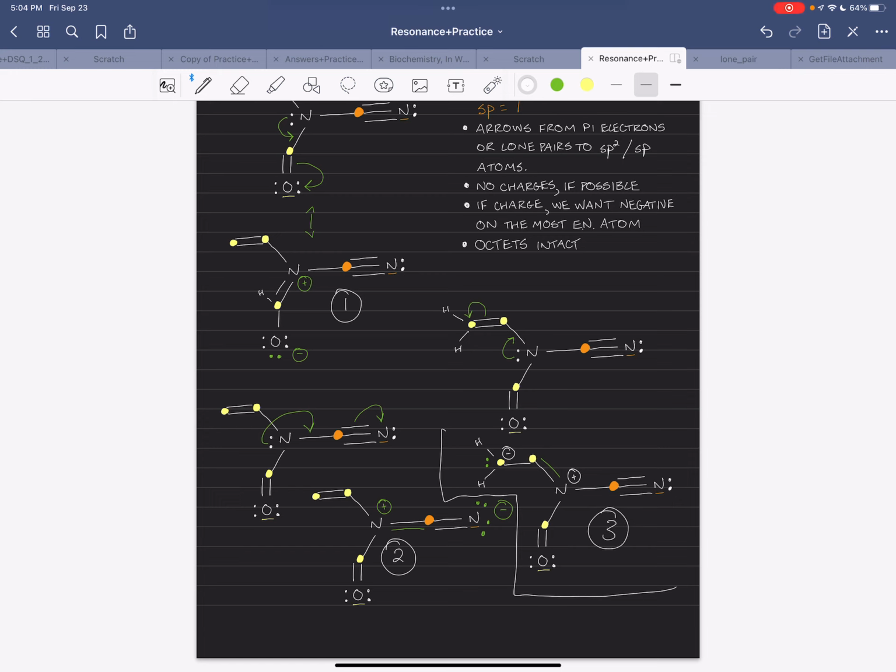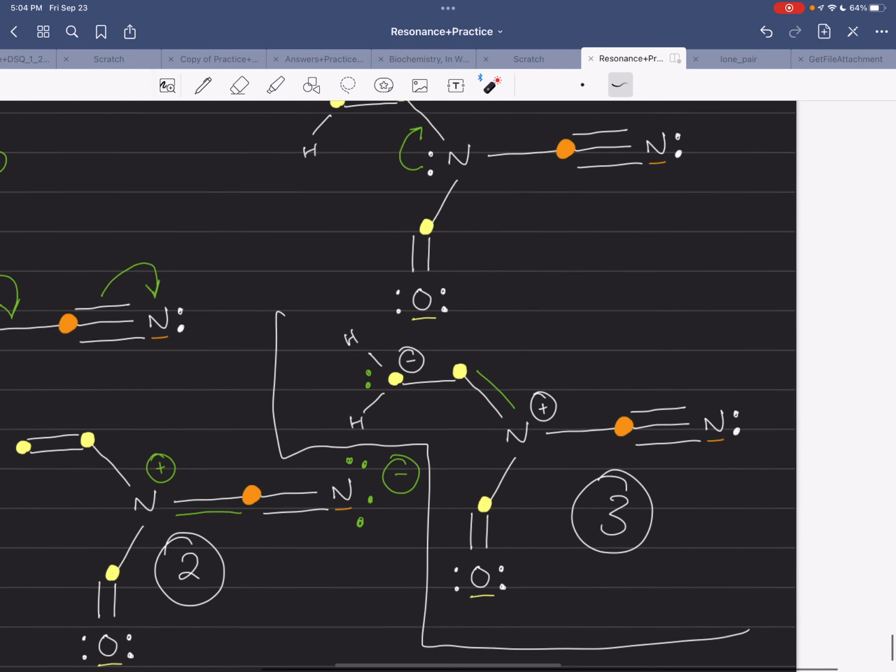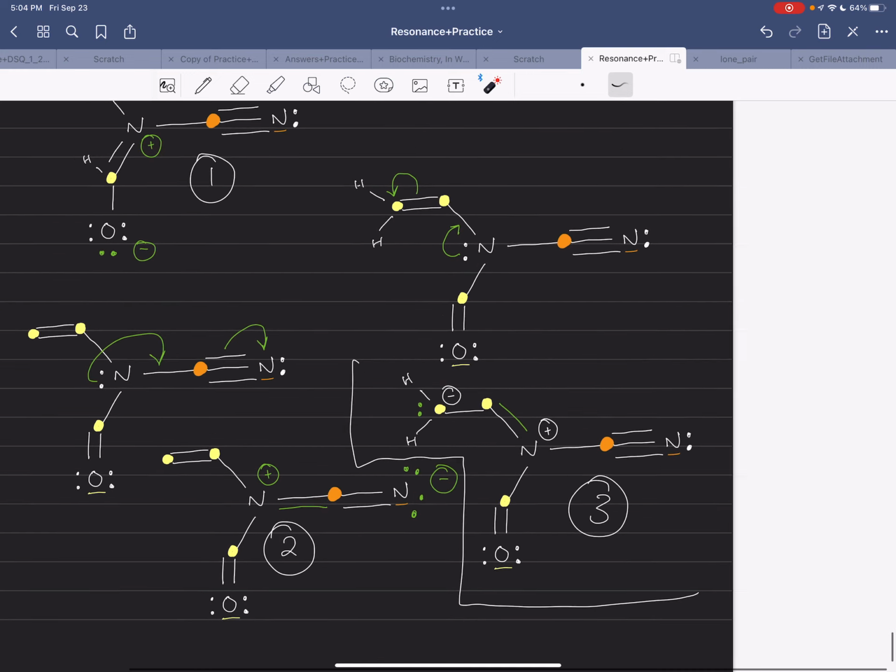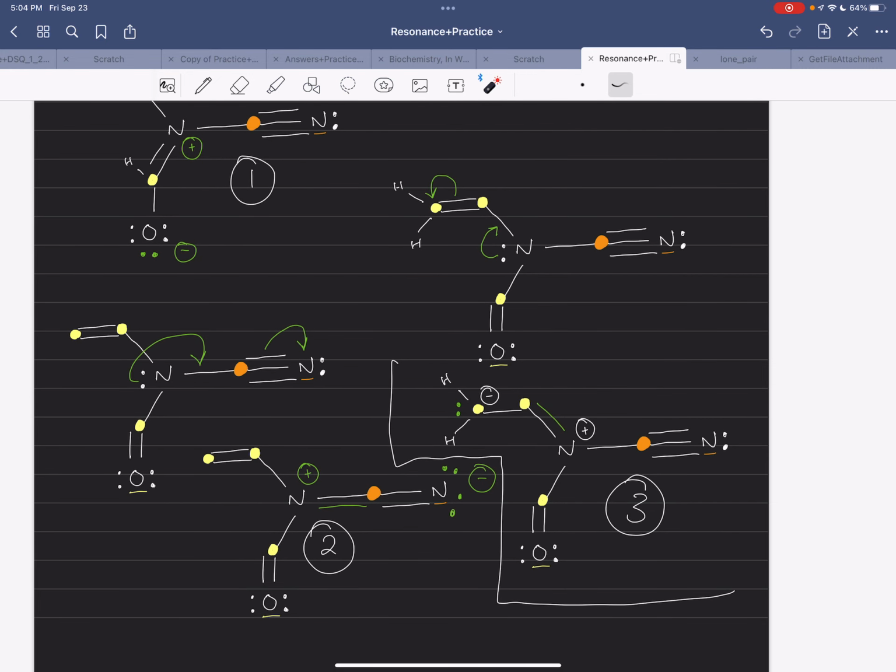Keep in mind, the resonance contributors that we created were just moving the lone pair of this original nitrogen and giving each of these sigma bonds, here's 1, here's 2, and now here's 3, a turn at sharing those electrons in a pi bond. So it's kind of cool the way that this ends up working.